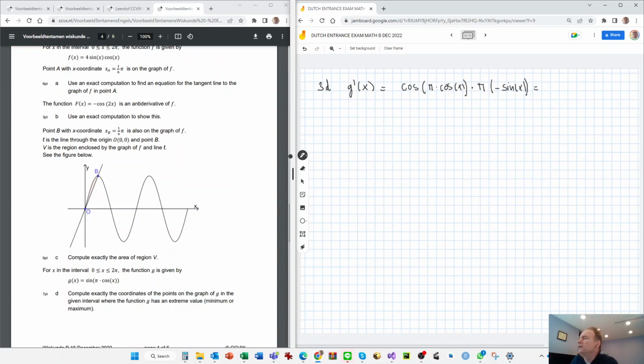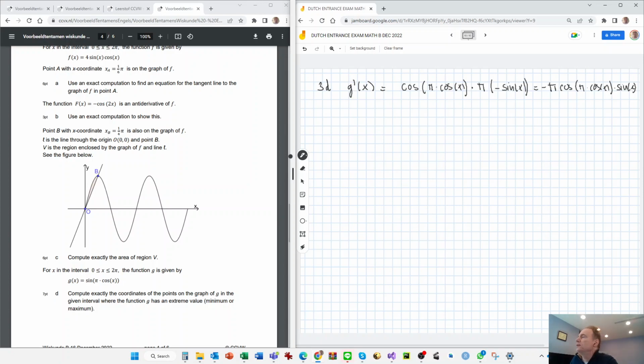So this is combined minus pi times cosine of pi cosine x times sine x.